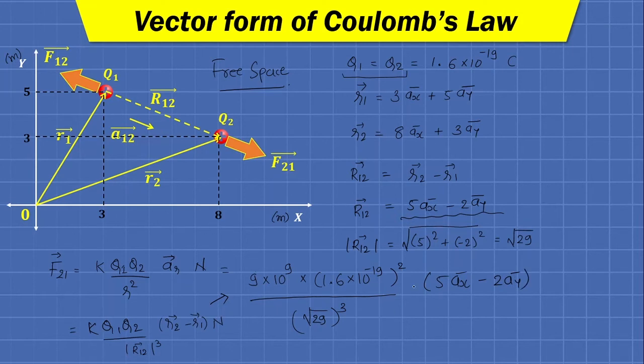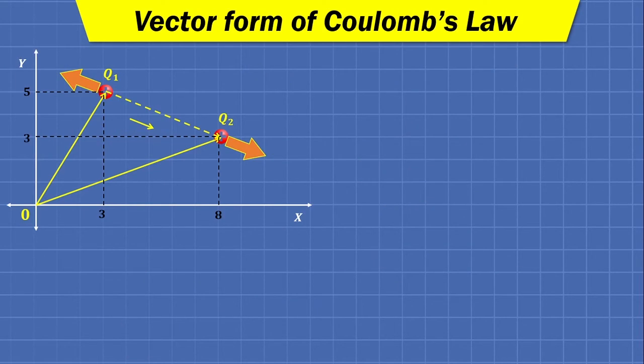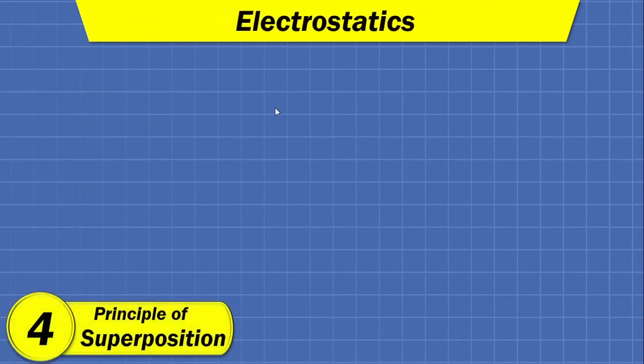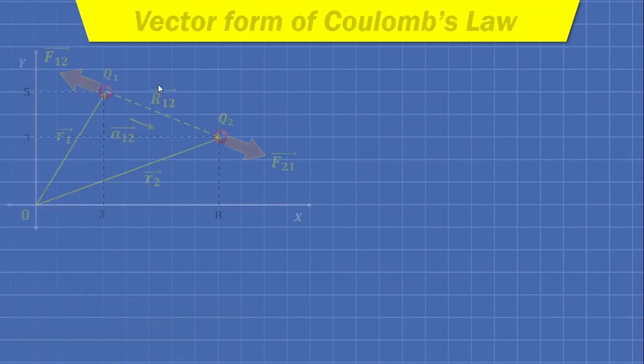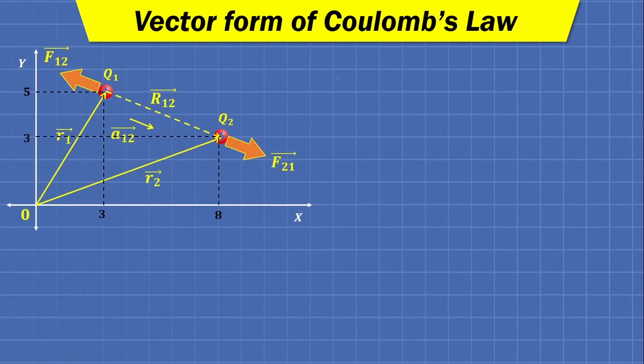Fine, so now simplifying this equation we will have 0.1475 into 10 raised to minus 29 times 5ax bar minus 2ay bar.